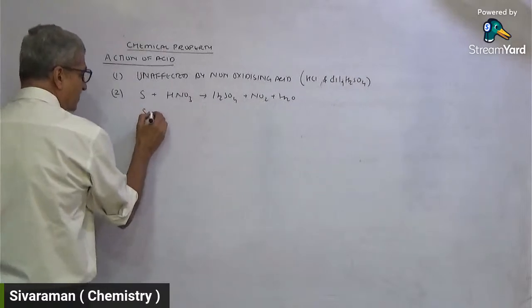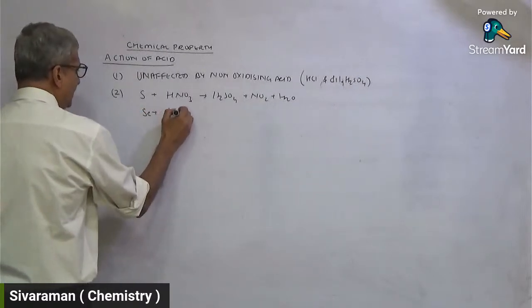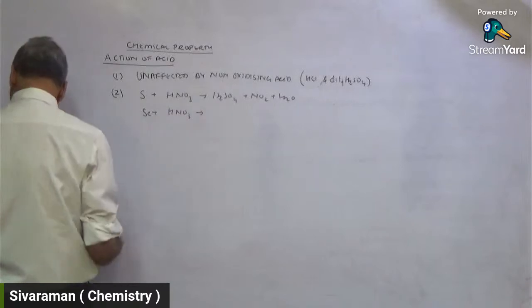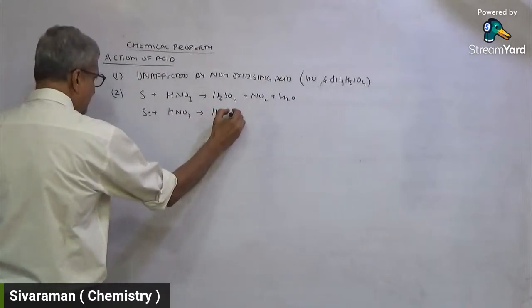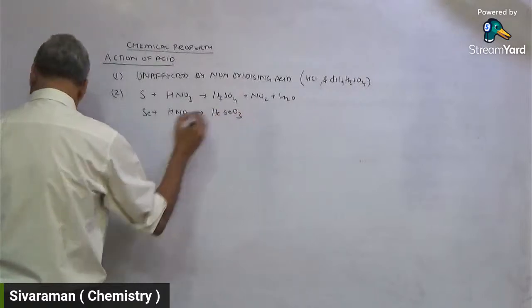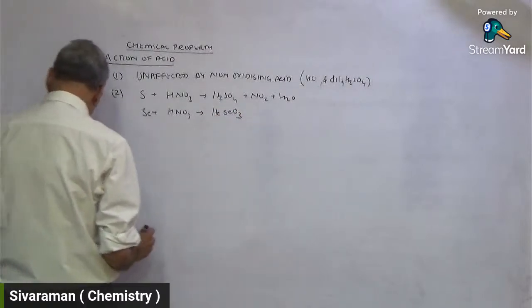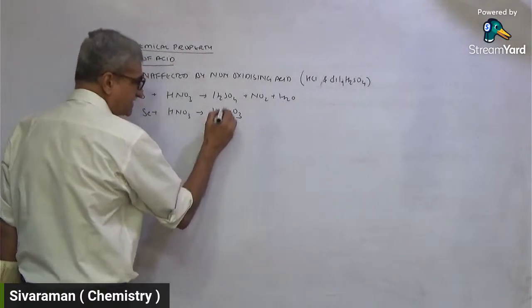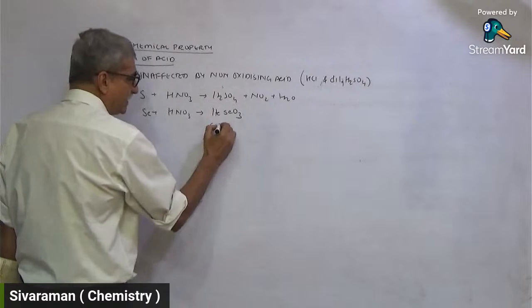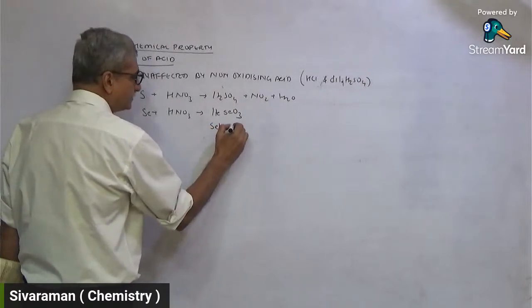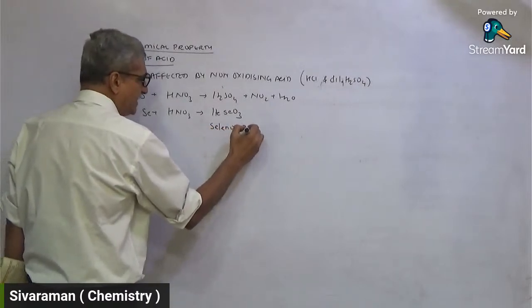Selenium reacts with nitric acid to form H2SeO3. Now this is a slight difference. This is selenous acid. Here it is forming sulfuric acid, but here it will form selenous acid.